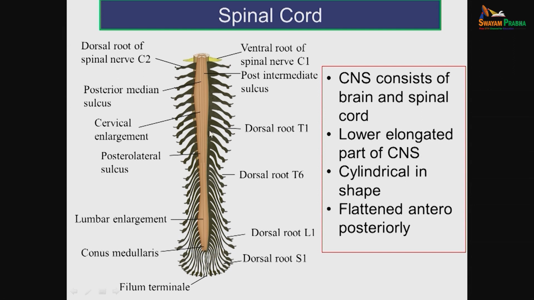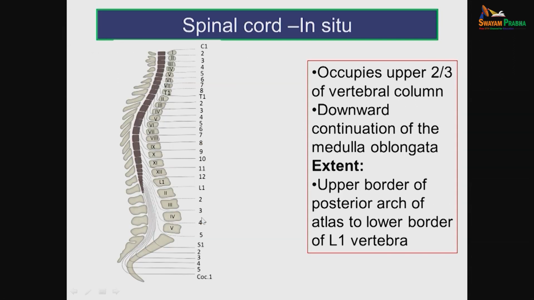This is the cord which is seen. This is the spinal cord in situ within the vertebral column. So, the spinal cord occupies the upper 2/3 of the vertebral column. You can see from this picture that it occupies the upper 2/3 of the vertebral column.